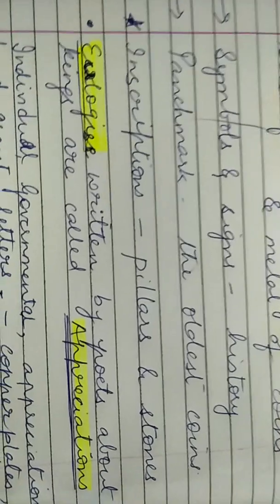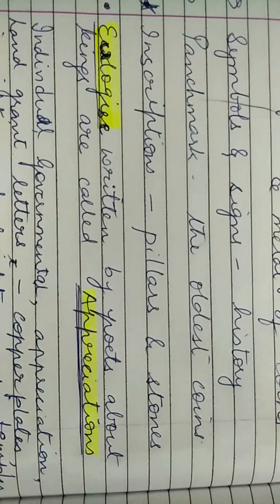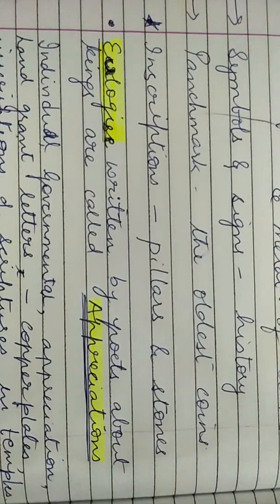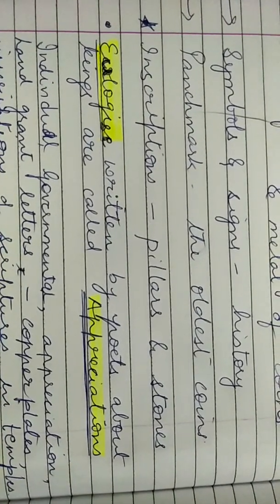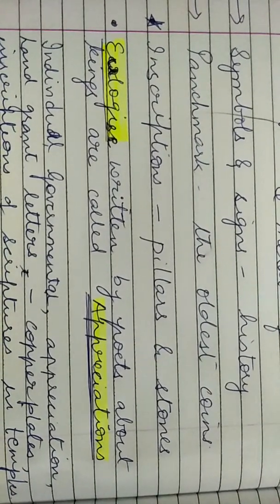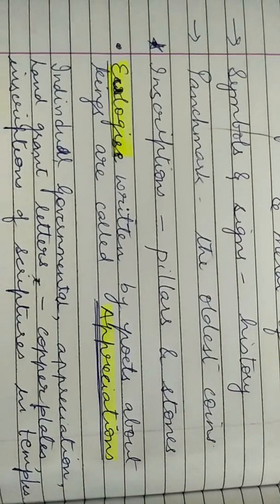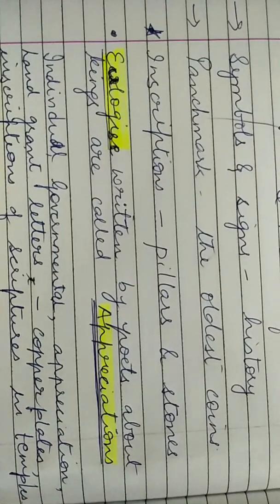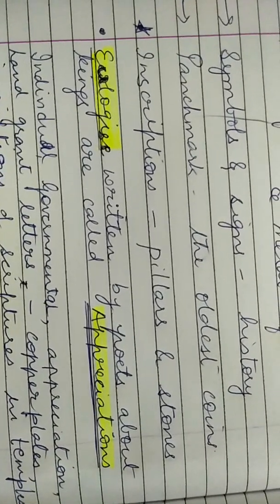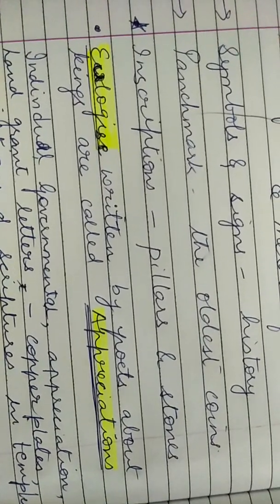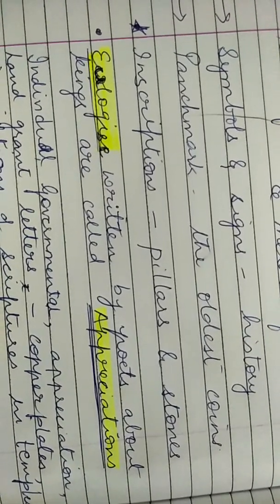These eulogies are found in the inscriptions of Ashoka. It is written in Brahmi script. We have found that these inscriptions are written in Brahmi and Kharoshti.